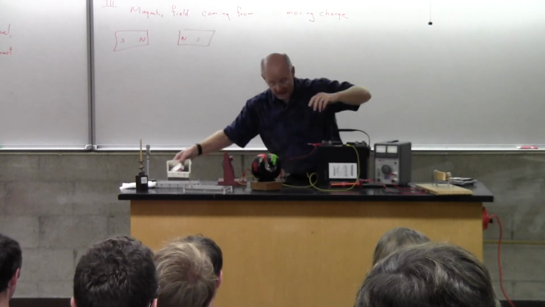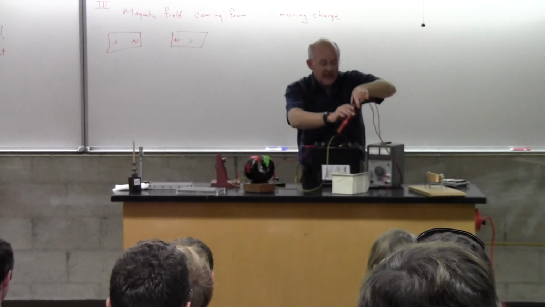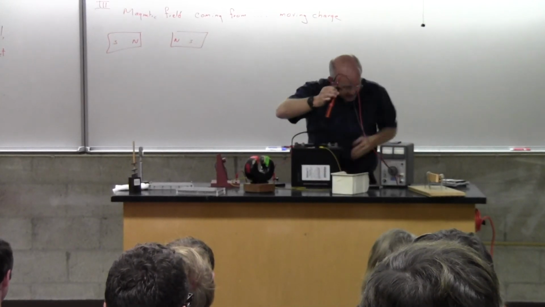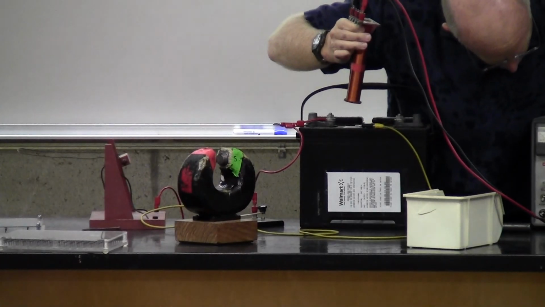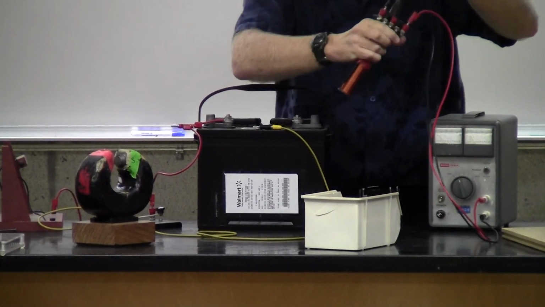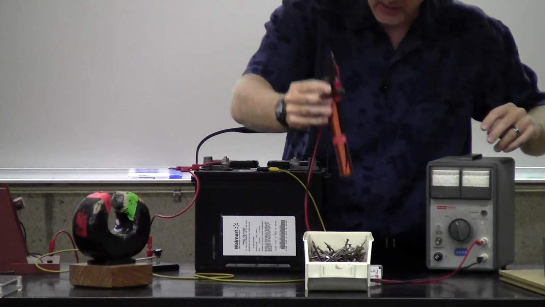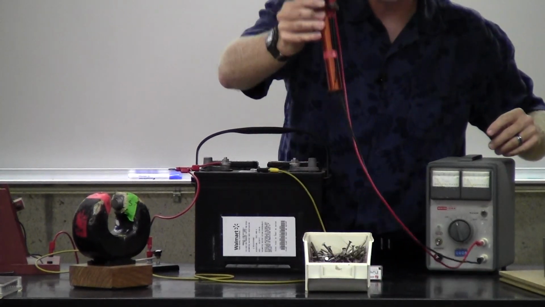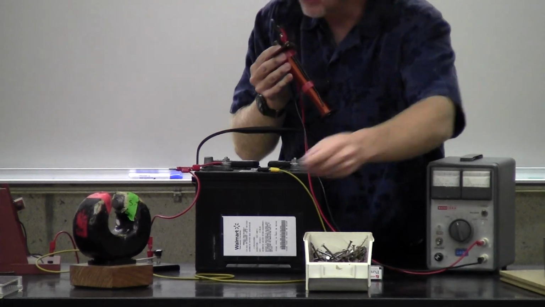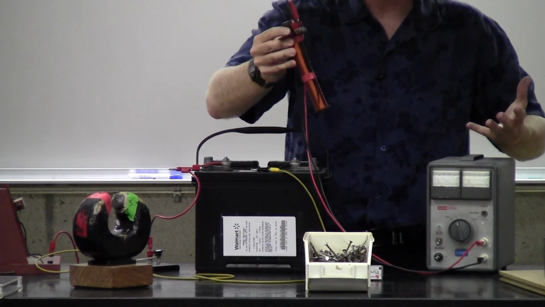Also, real quickly, you can see it here. If I take a power supply, turn it on, okay, power's on. If I take these nails and get near a nail, it doesn't attract like here because it's off, no current.